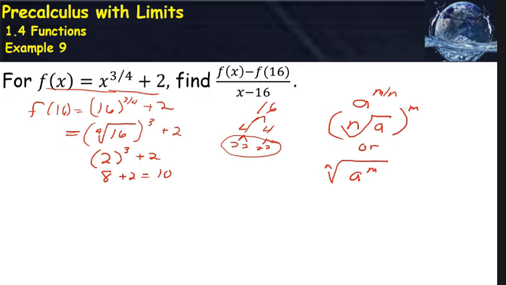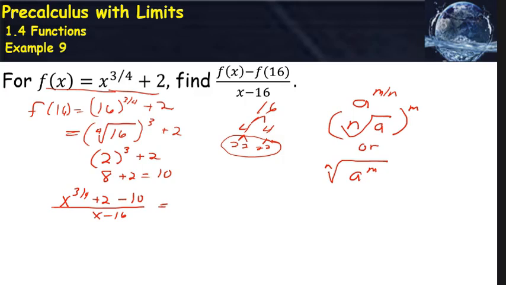So I'm going to say x to the 3/4, because it says f of x, so that's x to the 3/4 plus 2 minus f of 16. But f of 16 was just 10. And all of that's over x minus 16.